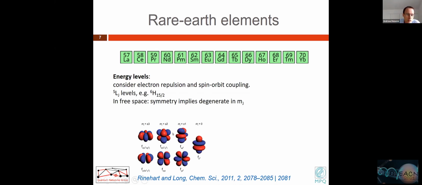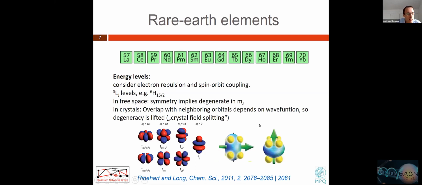Still, these orbitals look quite different. Some of them are more prolate, some go in other directions. This means if you place these elements in a crystal, they will have a slightly different overlap with the surrounding nuclei, the surrounding elements. And in this way, they will have a slightly different energy. That's what we call the crystal field splitting.